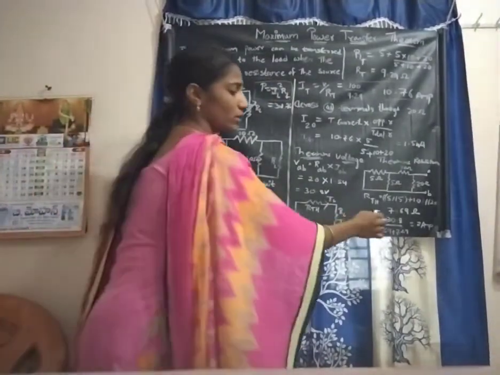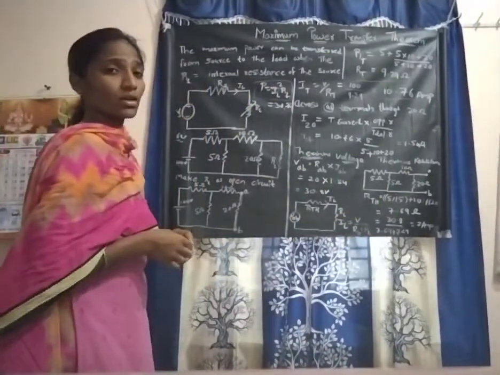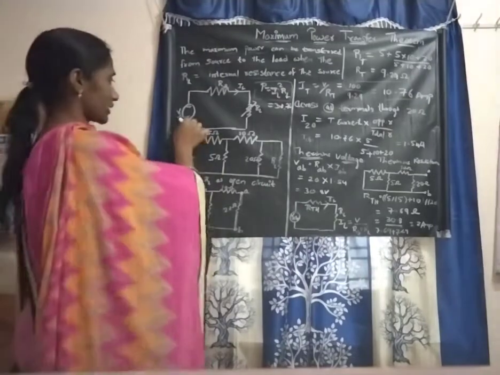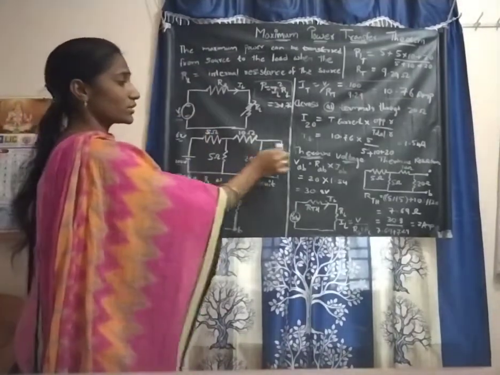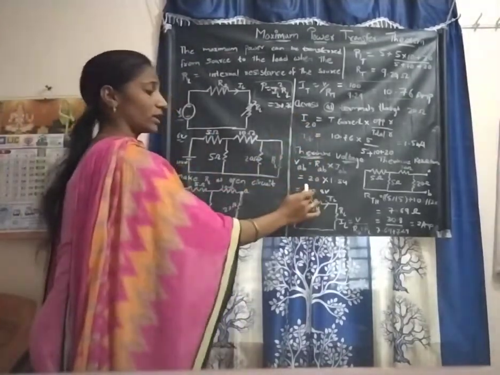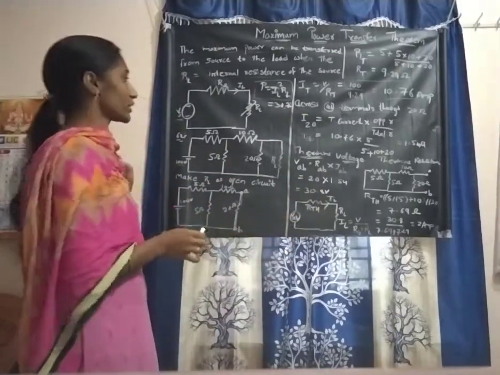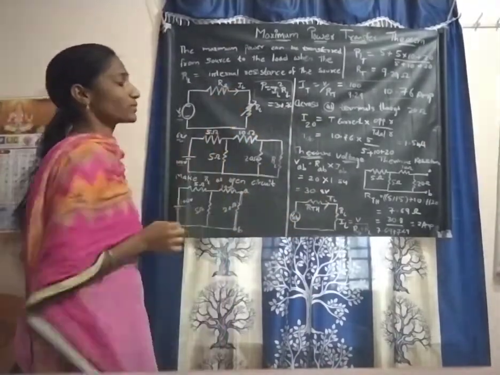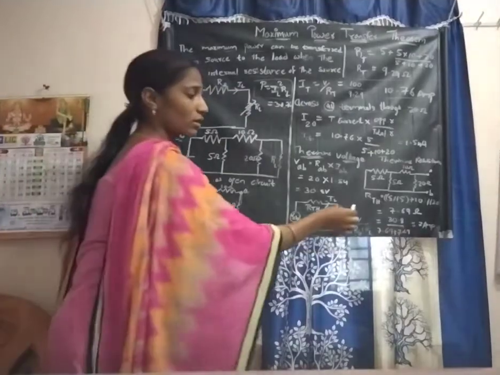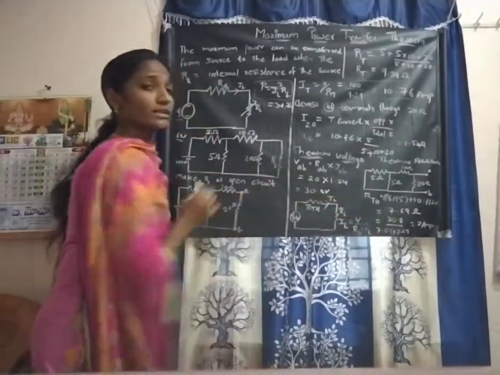After calculating, we get 7.69 ohms. So the Thevenin voltage is 30.8 volts, and the internal resistance RS of this circuit is 7.69 ohms.